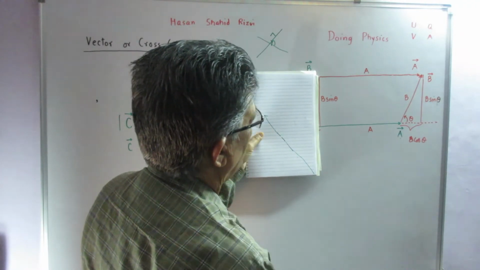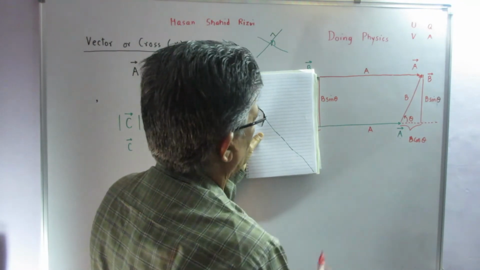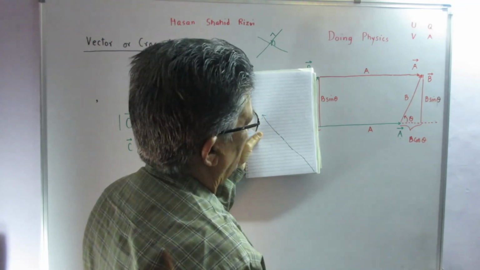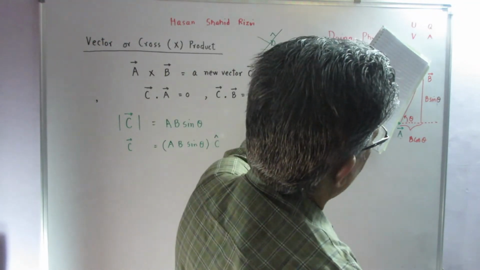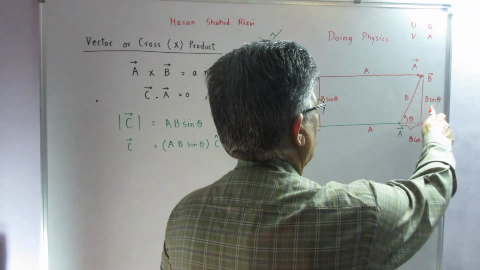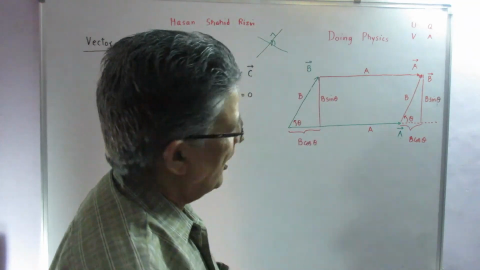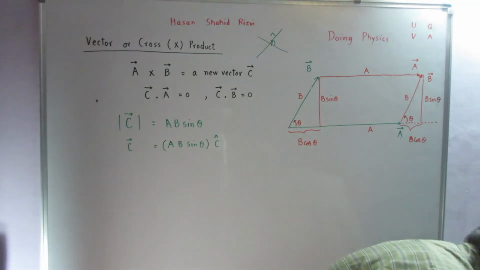I have a breadth of B sin theta and a length of A, from here to here equal to A. And suppose in this I have a triangle here with this side as B, this as B sin theta, and this as B cos theta. Now allow me to cut and paste.